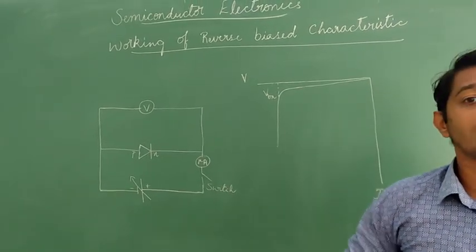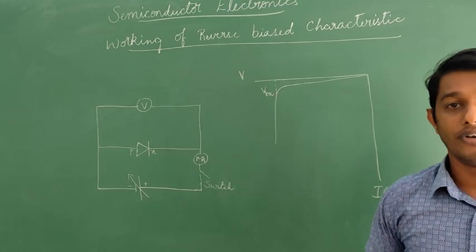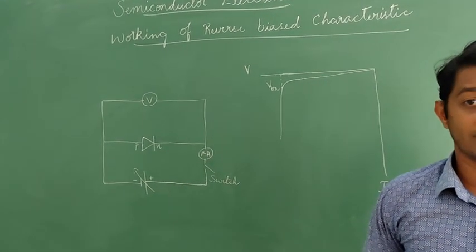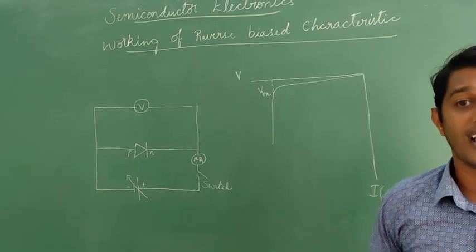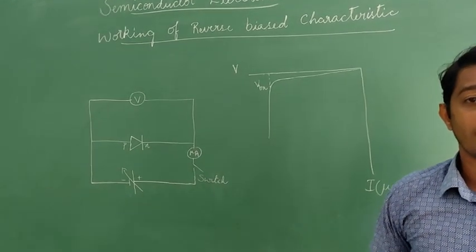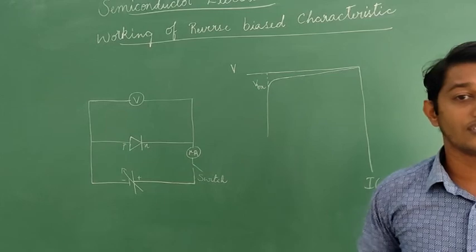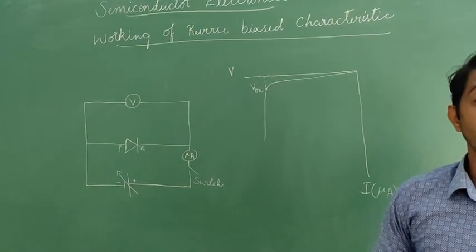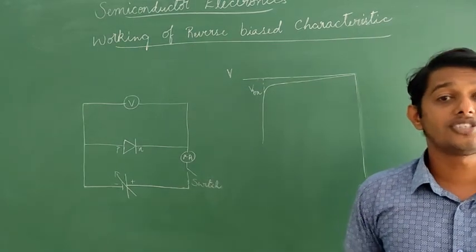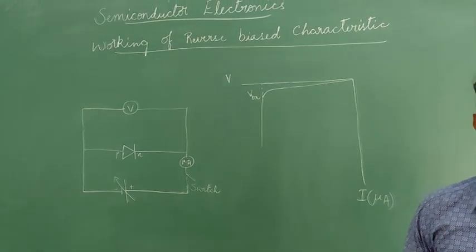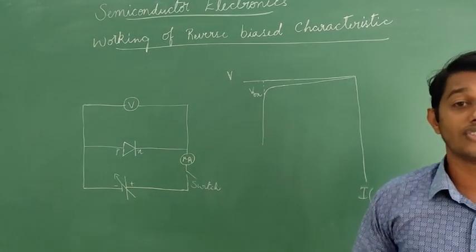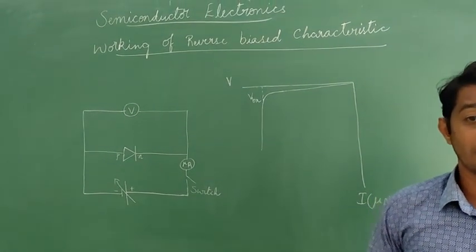During reverse bias, the applied voltage adds to the junction voltage. The majority charge carriers, holes and free electrons, cannot cross the junction.